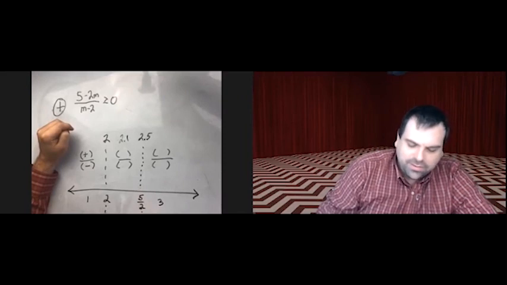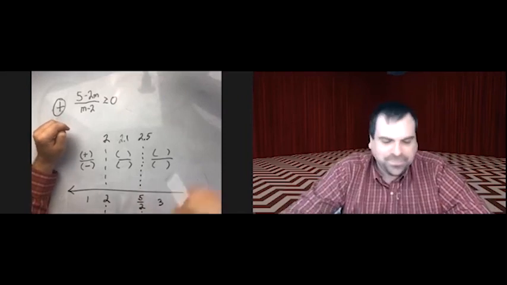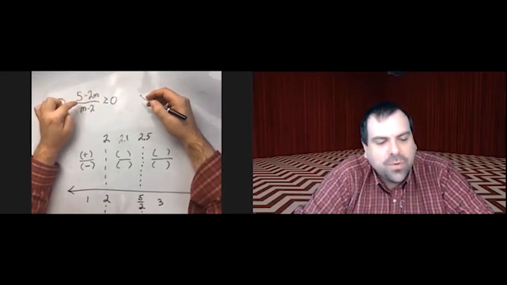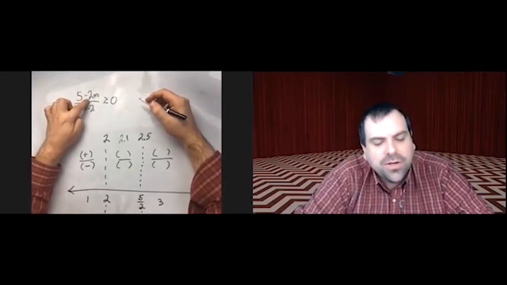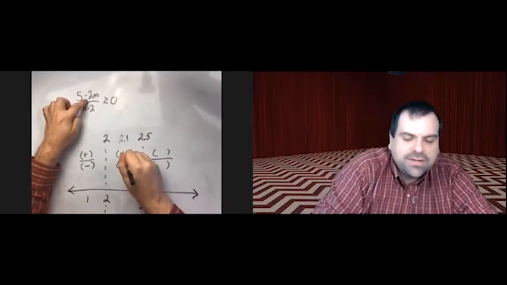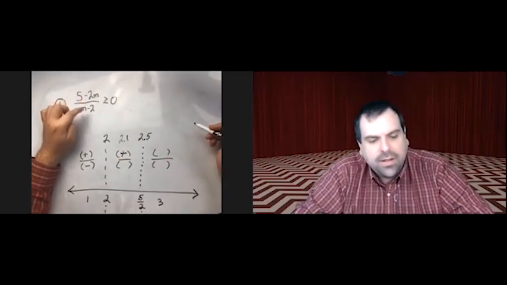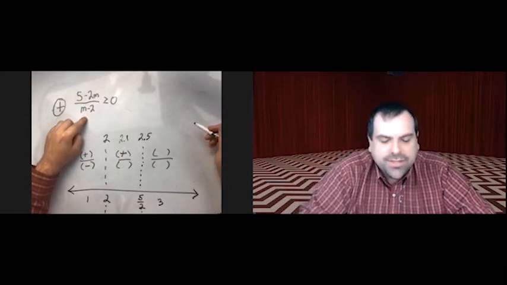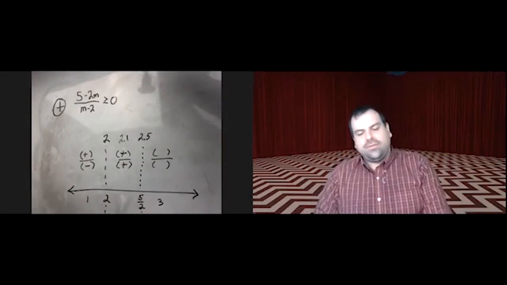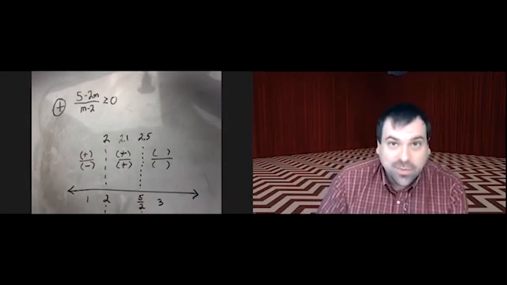Rules are meant to be broken. 5 minus 2 times 2.1. 2 times 2.1 would be 4.2. 5 minus 4.2 would be positive, and that's all we care about. 2.1 minus 2 would be positive, and that's all we care about. Decimals to the rescue.